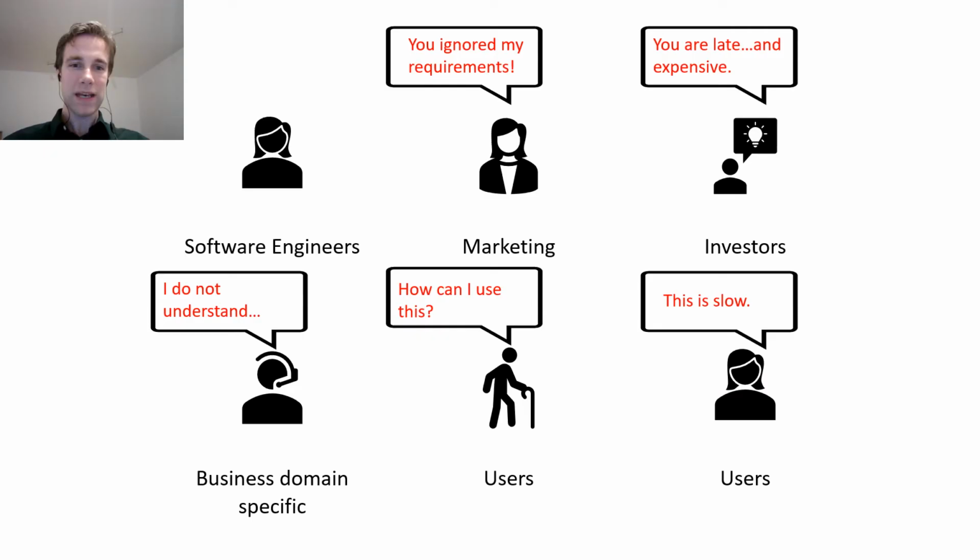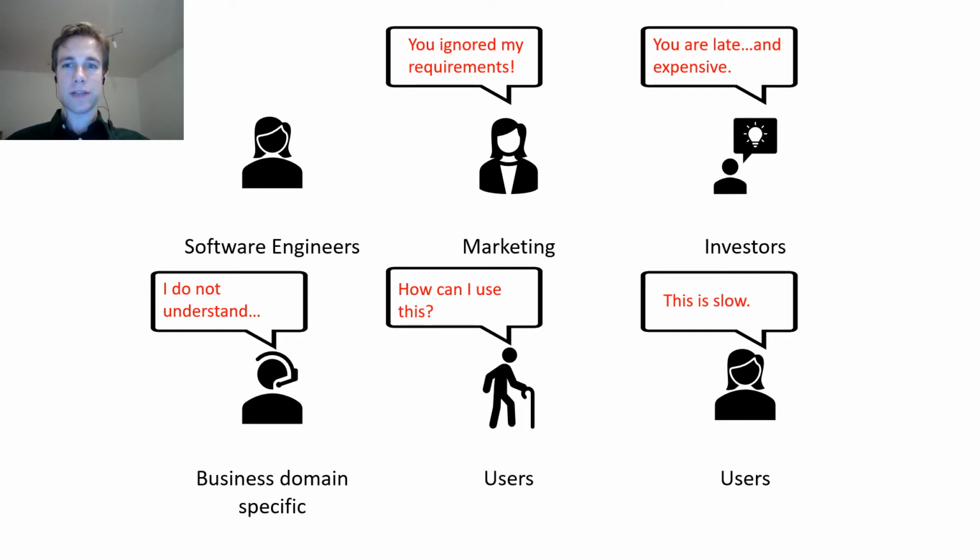That is until a team produces certain parts of software, so the first results, the first artifacts of the software engineering process. And then problems begin. Some stakeholders might complain that some of their requirements were completely ignored.